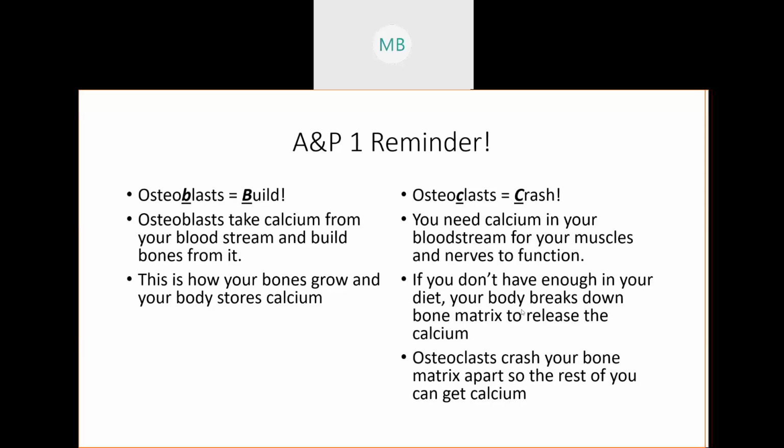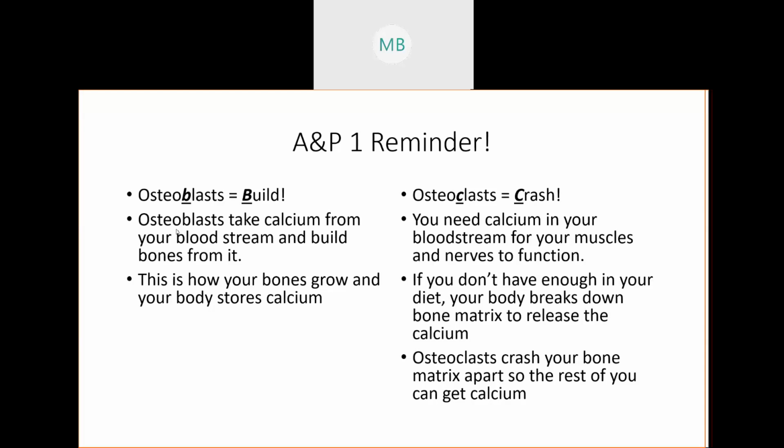And if you don't have enough calcium in your diet, your body is going to end up breaking down your bone matrix to get the calcium that your muscles need. So calcium is required not only for your bones, but also your nerves and your muscles. And if you're not eating enough calcium, your body is going to start breaking down your bone matrix to release that calcium so that your muscles can still do their jobs.